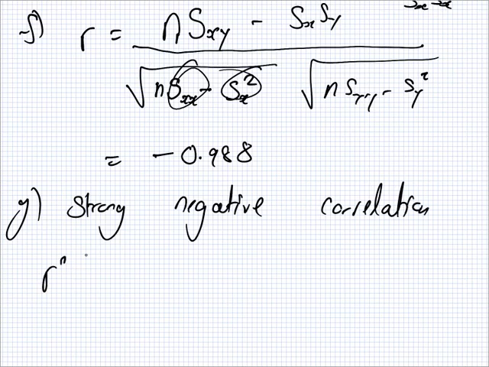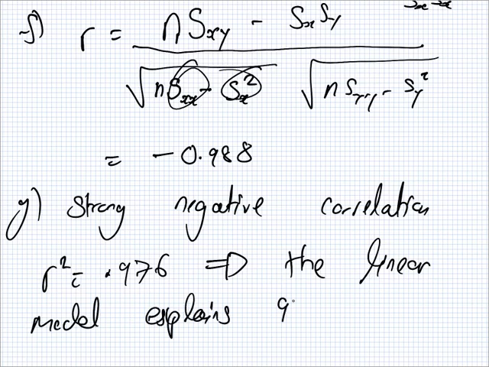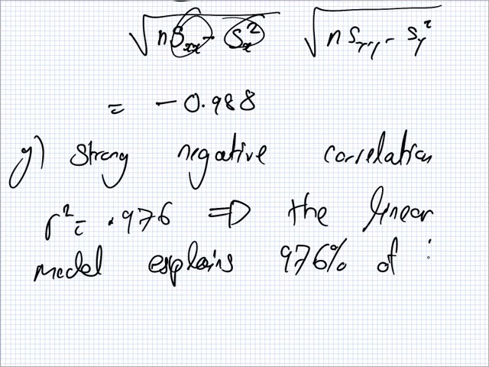R squared equals 0.976, which means the linear model explains 97.6% of the variance, which is excellent. And there's one more part here.